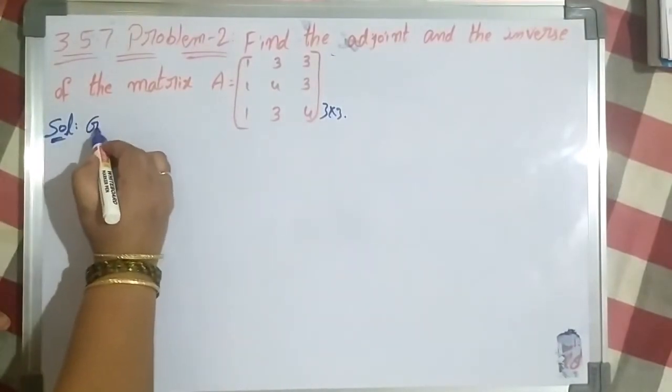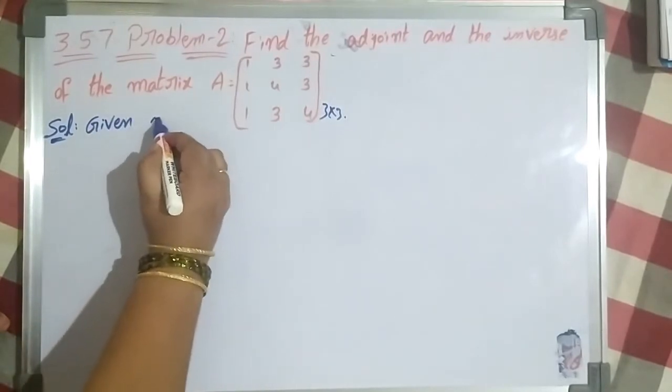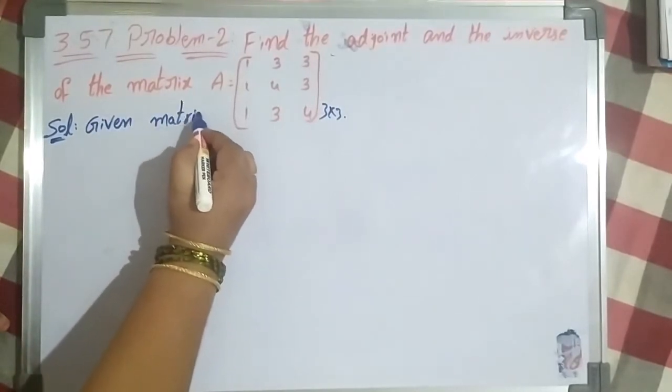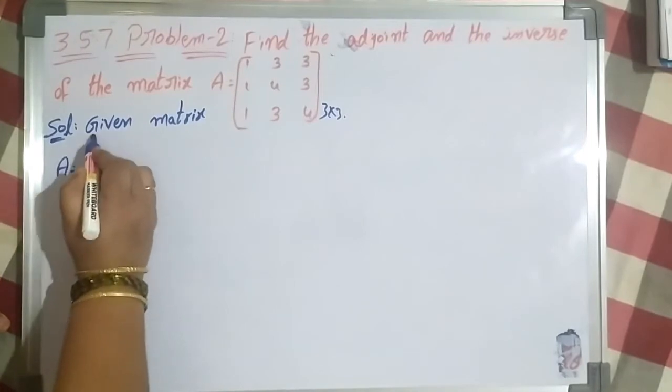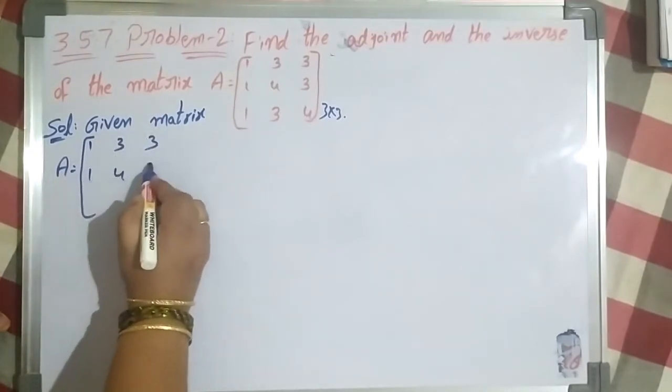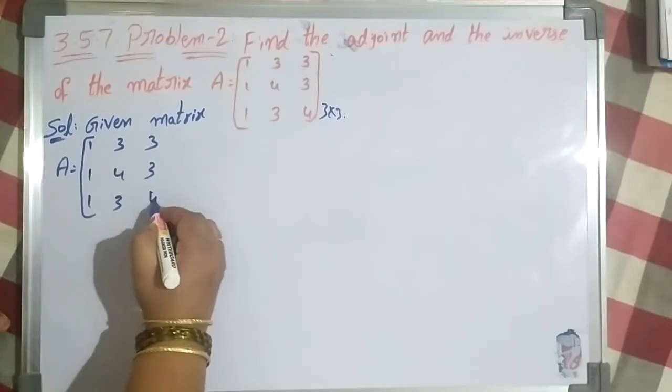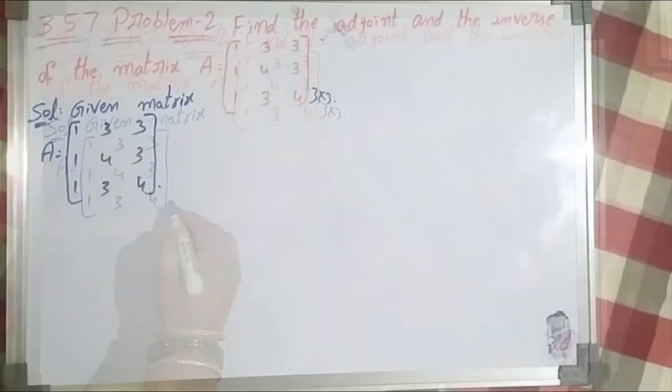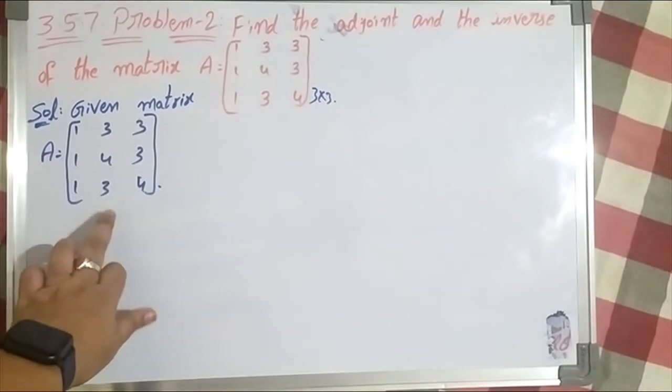Solution: first write the given matrix. Given matrix A equals 1, 3, 3, 1, 4, 3, 1, 3, 4.